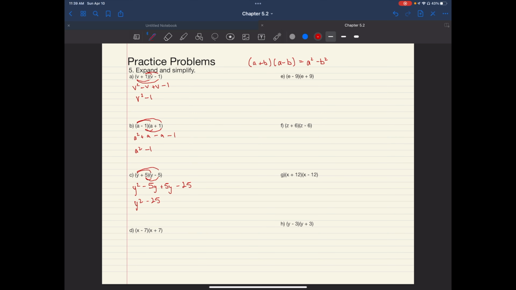So this is going to be x squared minus 49. This is going to be e squared minus 81, z squared minus 36, x squared minus 144, y squared minus 9.